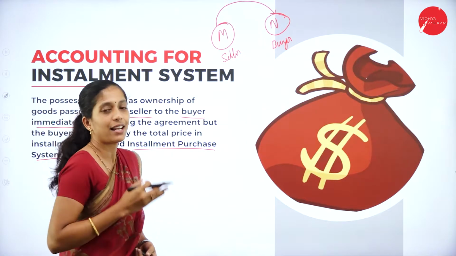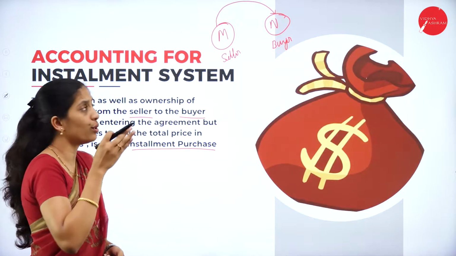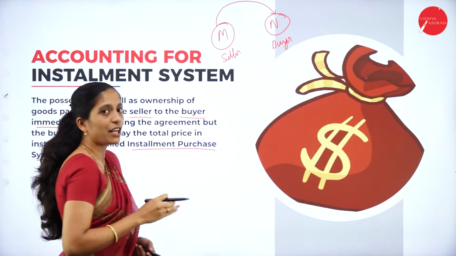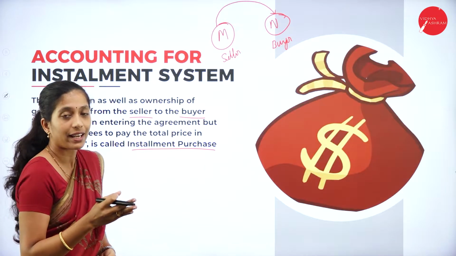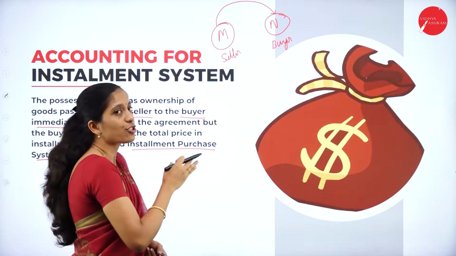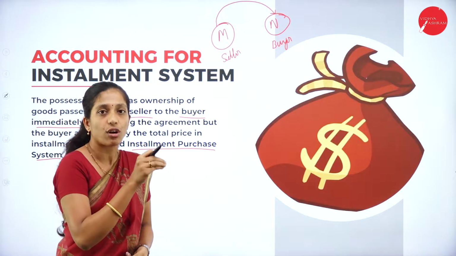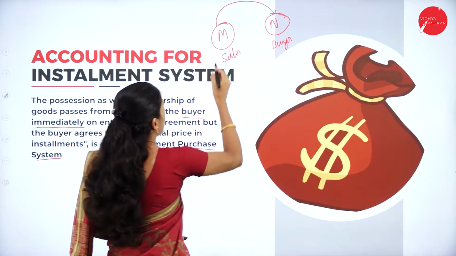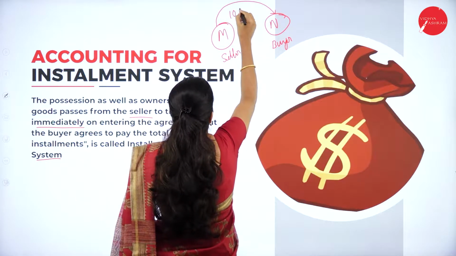It's nothing but the seller transfers the goods to buyer on the condition that on the delivery of the goods or on the delivery of the asset, N has to pay a certain percentage of the cash price of the asset. So here, for example, the cash price of the asset is 10,000.